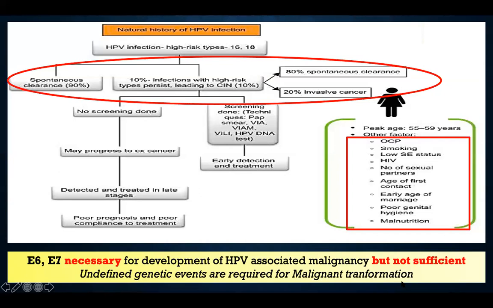In 10% of the cases, they get infection leading to a high risk cervical intraepithelial neoplasm, and these CIN lesions can again spontaneously regress. 80% of them spontaneously regress, and only 20% progress into an invasive cancer. Whenever screening is done, they usually do not progress because they are detected early and treated. In absence of screening, they may progress to cancer.